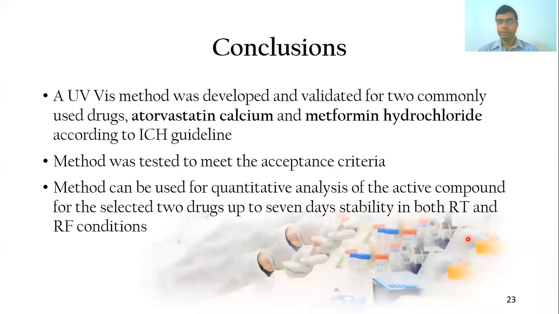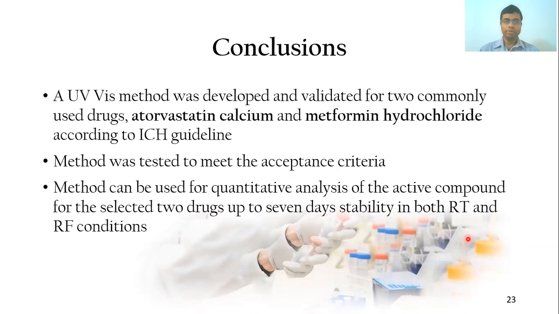So to conclude my talk, now we have developed a very simple method using UV visible spectroscopy. Now there are other methods, as I mentioned in my talk, related to the chromatographic techniques. Now, since chromatography is so expensive, this is a very user-friendly and economical method also, which follows the ICH guidelines.